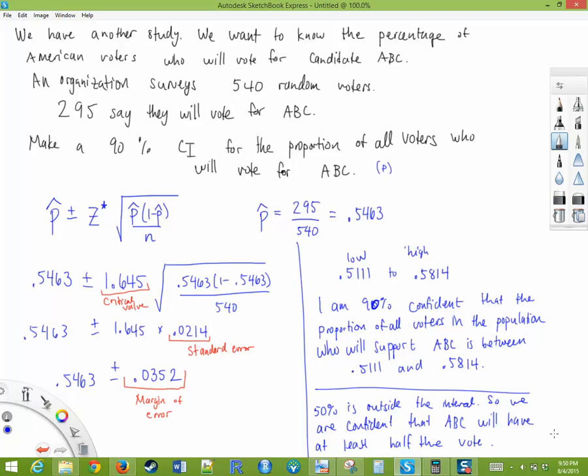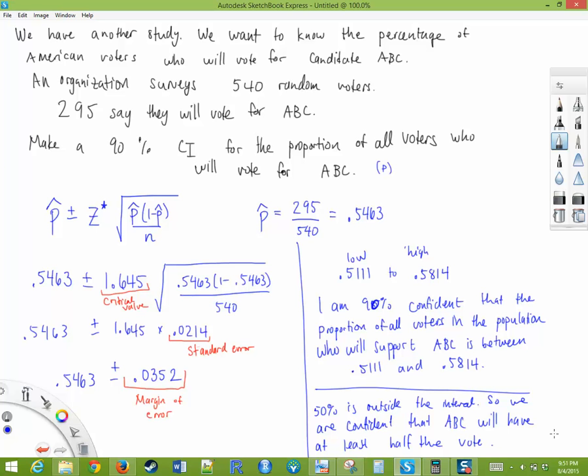But let's say there was some crazy rule. You needed at least 55% to win. Let's say if it's less than 55%, there's a runoff or something, I don't know, something stupid. So let's say you need at least 55%. Are we confident that candidate ABC will get at least 55%? The answer to that is no, because it goes from 51 to 58%, and 55% is in between there.